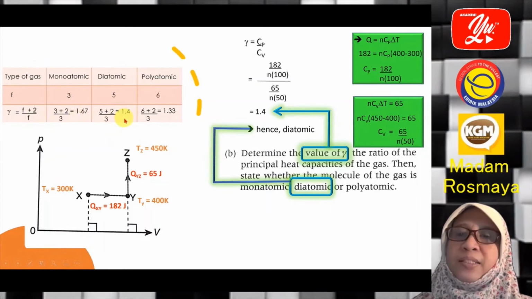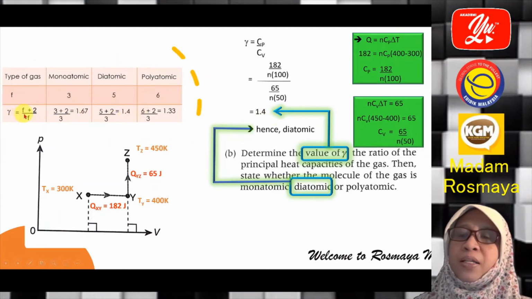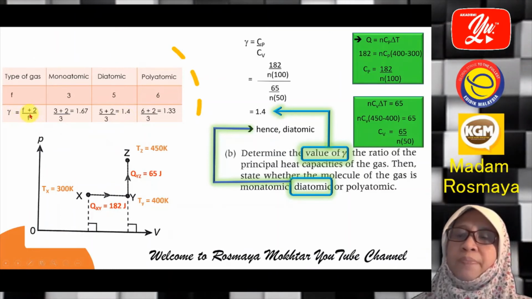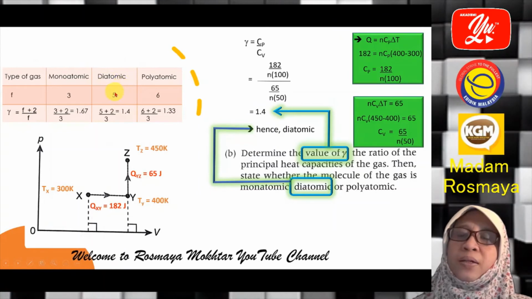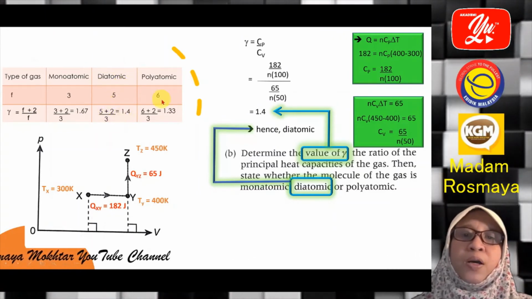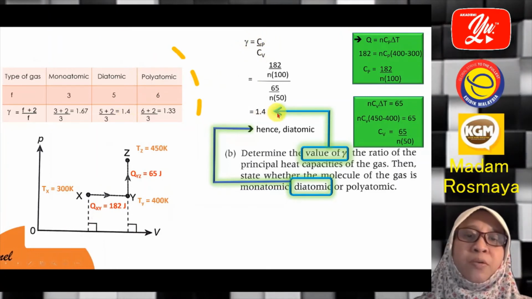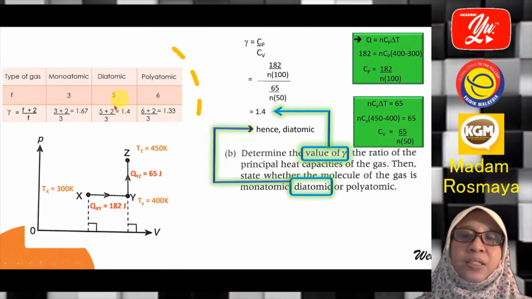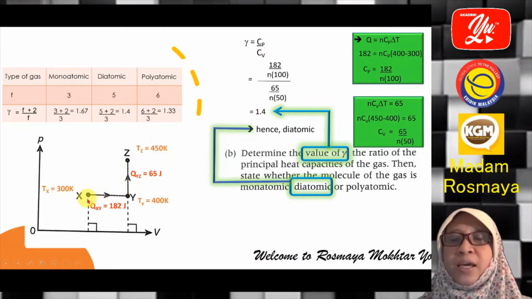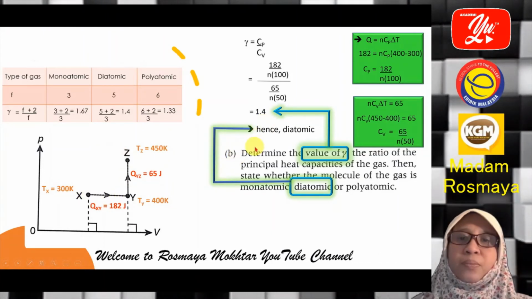You must memorize this for 1.4. The formula for gamma in terms of degree of freedom is (F plus 2) per F. For diatomic, the degree of freedom is 5. So (5 plus 2) per 5, we get 1.4. Using the other equation for gamma, CP per CV, you get 1.4. So this gas X to Y to Z is a diatomic gas.